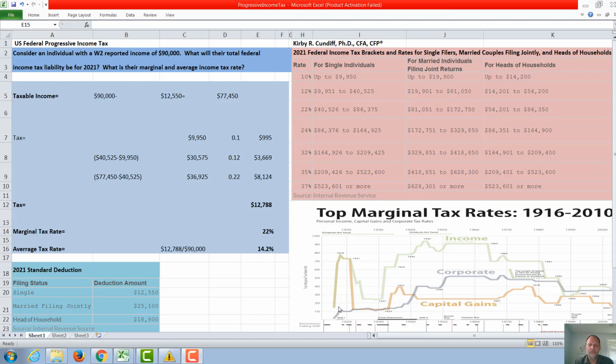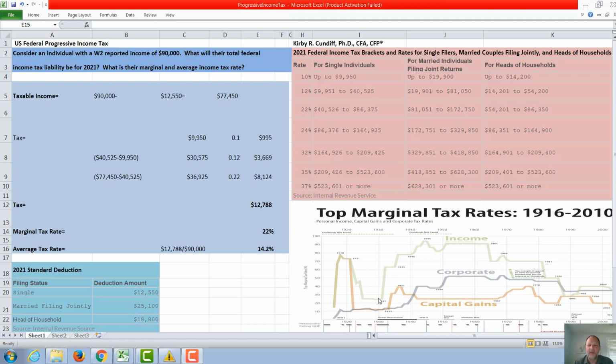After Wilson created the income tax, same time he created the Federal Reserve System, initially it was quite low, down in the 5-10% range. When World War I started, the top marginal tax bracket was quickly increased to 80%. During the 20s, it was lowered again to the 10% range, or the 20% range.